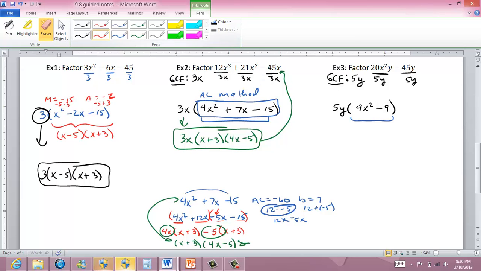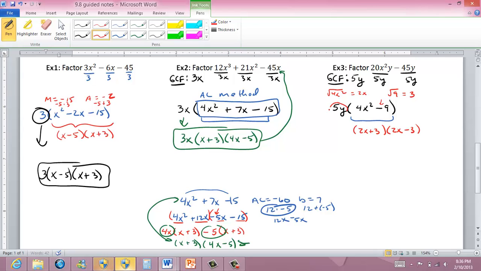Well, if I were to take the square root of 4x squared, would it come out nice? Yes. If I take the square root of 9, does it come out nice? Yes. This problem here is a difference of two perfect squares. So remember, when we factor this type of problem, all we do is we add the square roots, then we subtract the square roots.